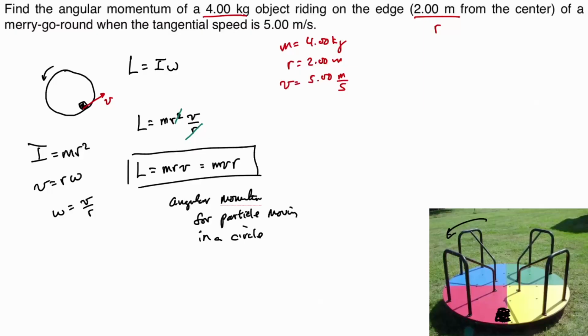It's moving in a straight line, right? Does it have MVR? It has mass, it has velocity, but does it have a distance, not necessarily a radius, does it have a distance from that point right here? Yes. If the square has angular momentum, then this does too.